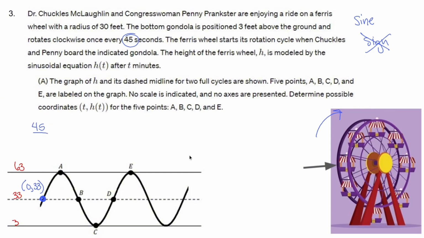Okay, every time I hit one of these 4 things, top to middle to bottom, is going to happen 45 over 4 seconds later, and 45 over 4 is 11.25. So why does that matter to me? Well, that means the time for A is going to be 11.25.